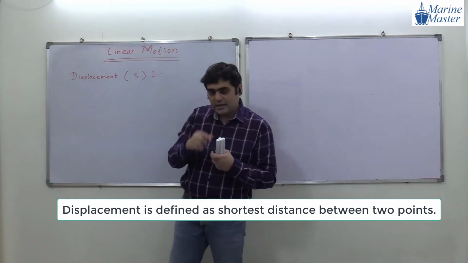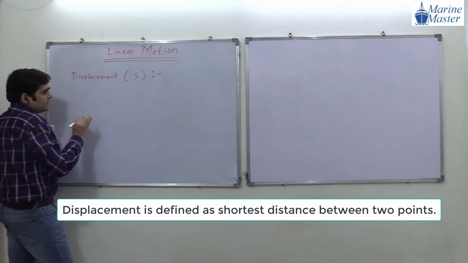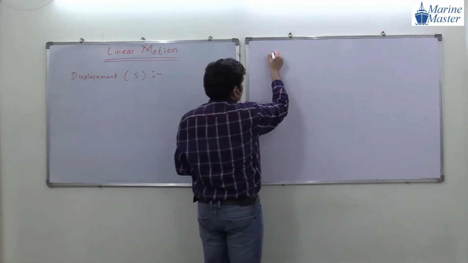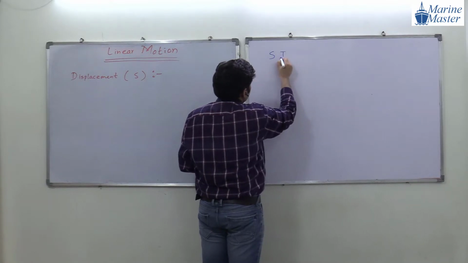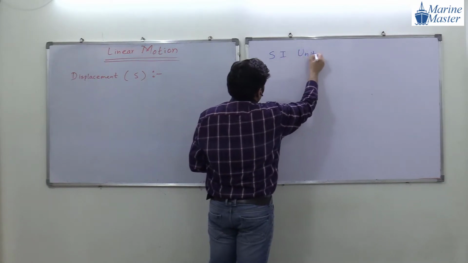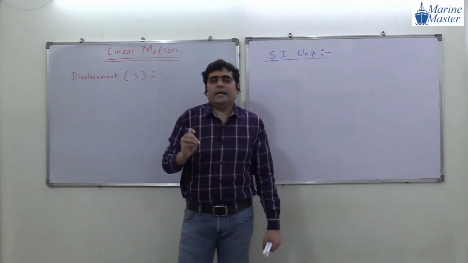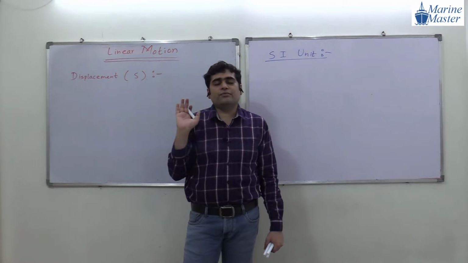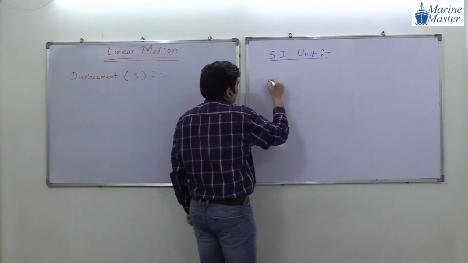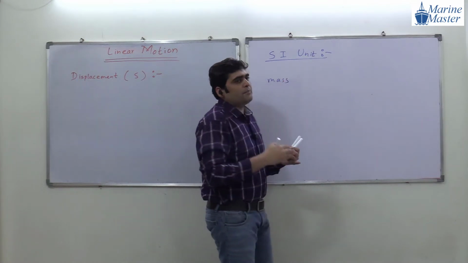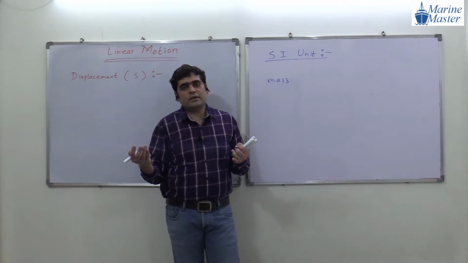Now, after that definition, write down the unit. There is one word, SI unit. SI unit means standard unit. In mechanics, whatever units we are using for calculation, by default it is an SI unit. Suppose mass has gram, kilogram, pound, all these are units of mass.